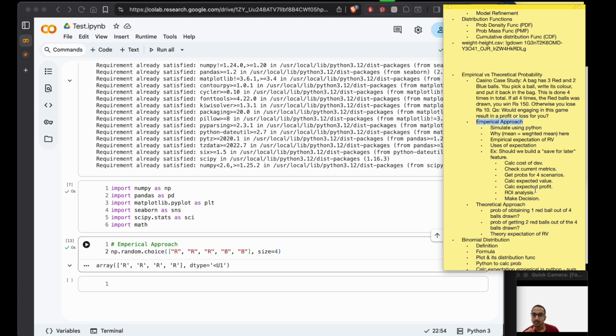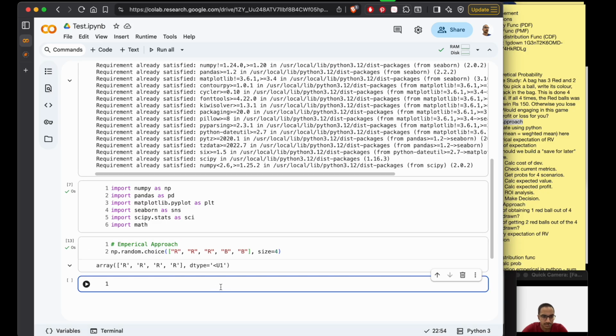We might not get reds at all when we pick 4 of them. So yeah, let's do this 10,000 times.